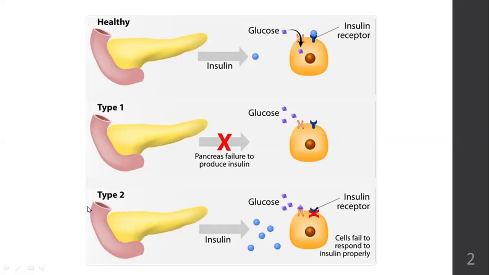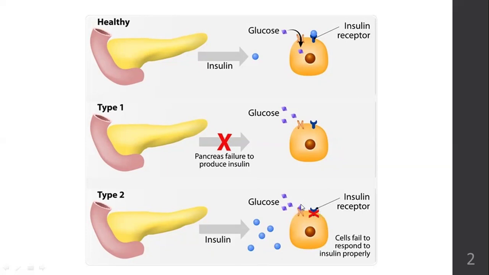In type 2 diabetes, insulin is produced in huge numbers. You can see the quantity of healthy insulin produced compared with the quantity produced in type 2. Lots of insulin is produced, but the insulin receptors don't work well. The insulin receptors fail to acknowledge insulin.